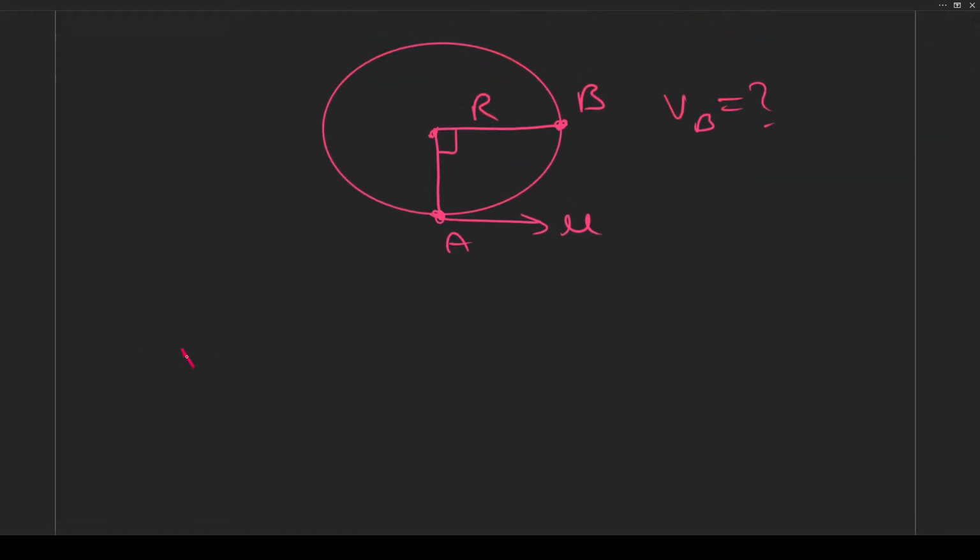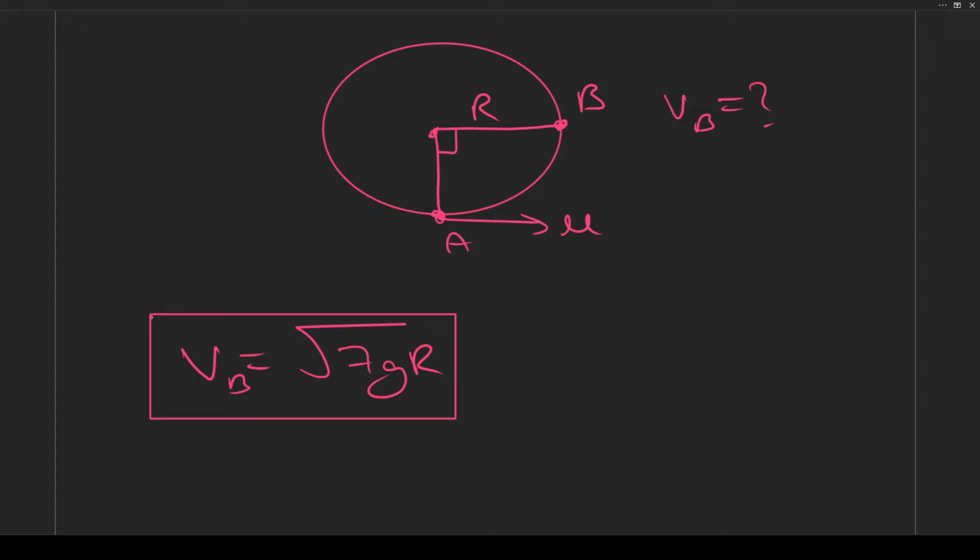We'll get the final answer VB equal to root 7gR. I'll see this later again. Answer is root 7gR. Let's go to the next question.